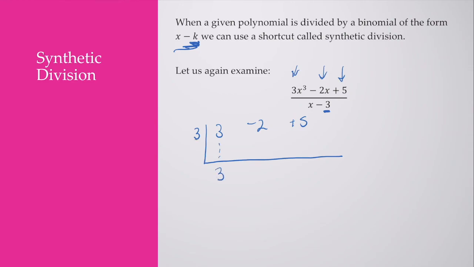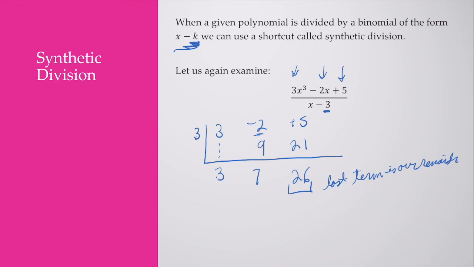I then take 3 times 3, which is 9, and then I add these two. Negative 2 and 9 is a 7. Then I take 3 times 7, which is 21. I add 5 to 21 and I get 26. Didn't we find a remainder of 26? Well, that's because this last term is our remainder.